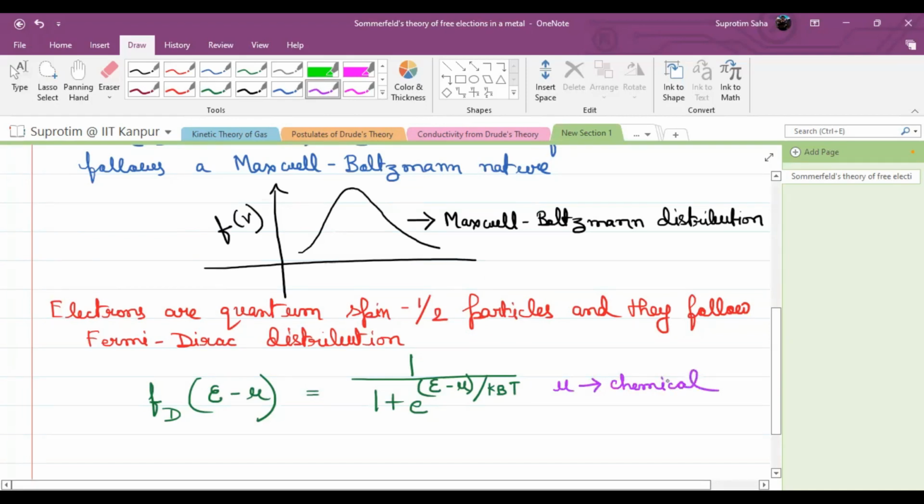We will get into these terms in the duration of this lecture.